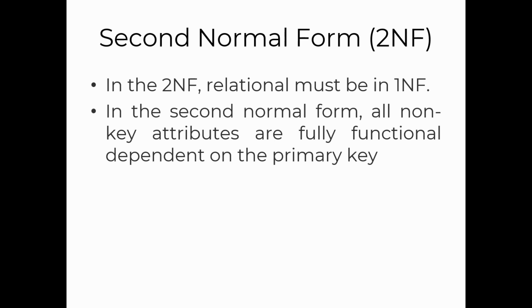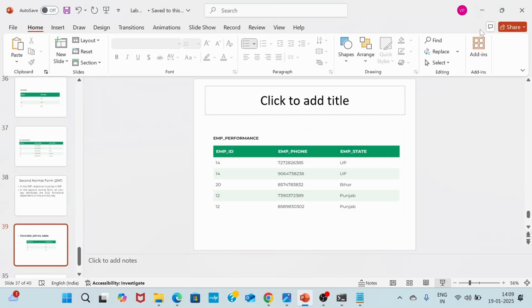The second normal form is, the table must be in first normal form. We should not have functional dependencies. So this is the table.